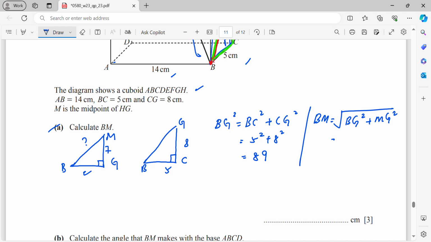So now my BG squared is basically 89. Then MG squared is given, the MG is given, so it will be 7 squared. So from here, at last, you will be getting the square root of 138. So this square root of 138, when you round to 3 significant figures, it becomes 11.7. So that is your solution of this first part.